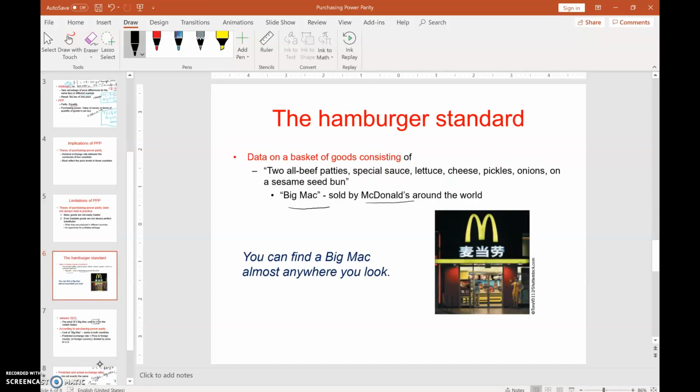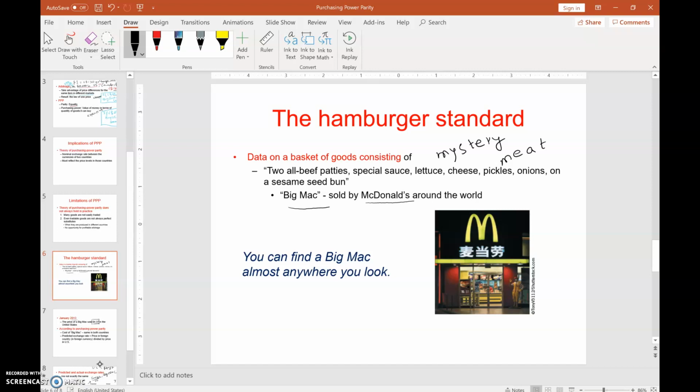Now we can look at the Hamburger Standard to explain purchasing power parity, and it's really making me very happy. So what goes in a Big Mac? The ingredients are special sauce, mystery meat, lettuce, cheese, pickles, onions on a sesame seed bun.